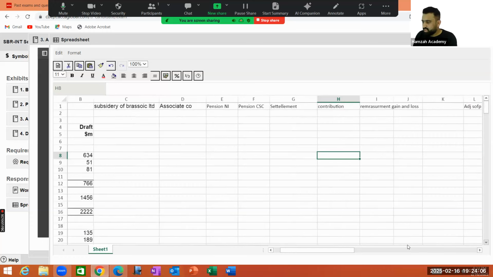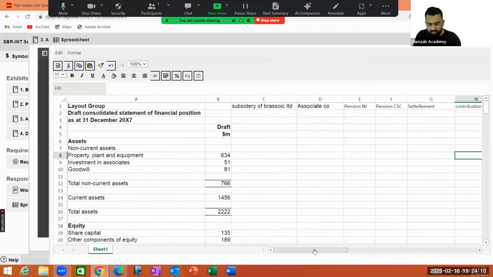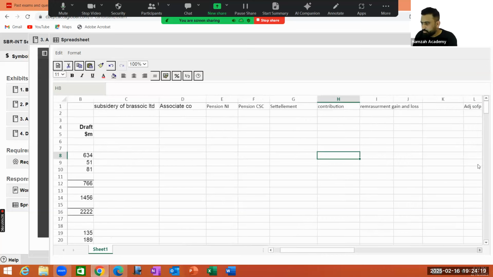They have recorded the contribution as an expense. And when we say that they have recorded the contribution as an expense, that means they have recorded that impact in retained earnings.